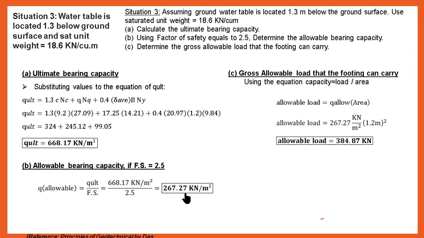Yung value natin for the allowable bearing capacity is equal to 267.27. And for the allowable load, that is the allowable bearing capacity multiplied by the area. So, yung load natin, if our water table is located 1.3 below the ground surface, yung ating allowable is equal to 384.87 kilonewton. Okay?